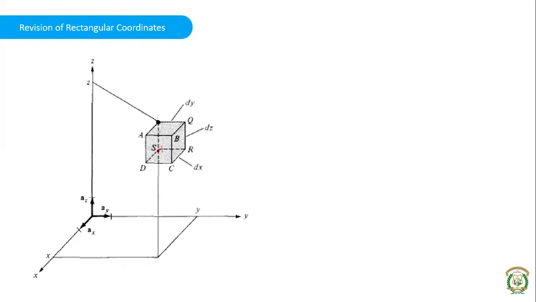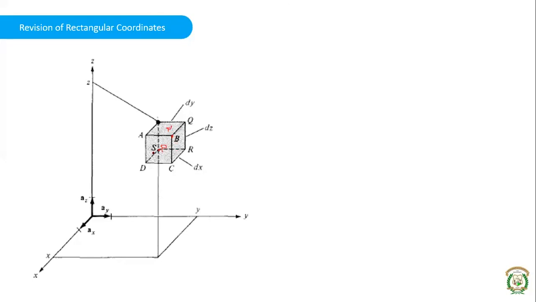If we move that point by dx units in the x direction, dy units in the y direction, and dz units in the z direction, that is to the top, the new location of the point will be this. P is the only corner that is invisible, it is behind. This P dash is the new point, which is at the top.